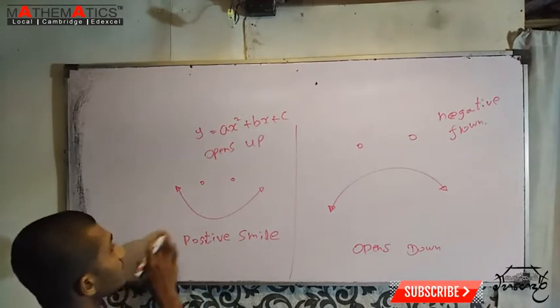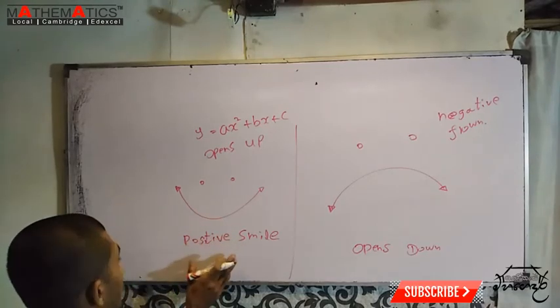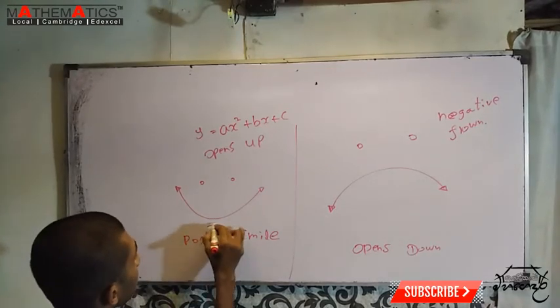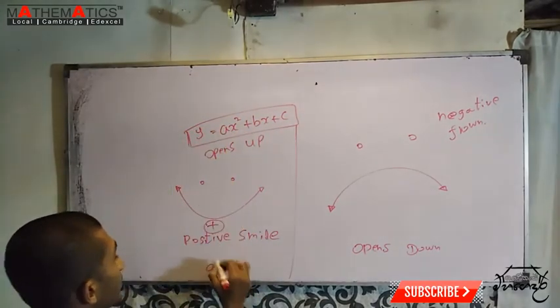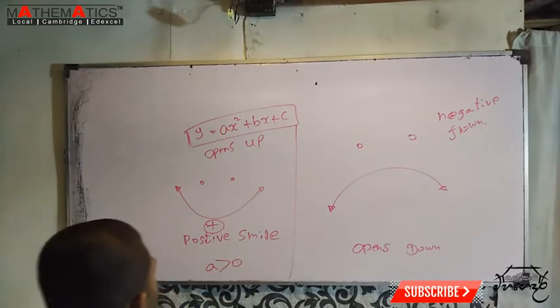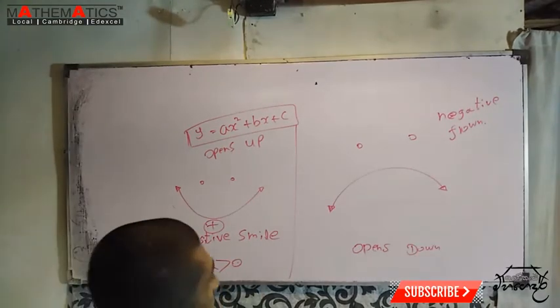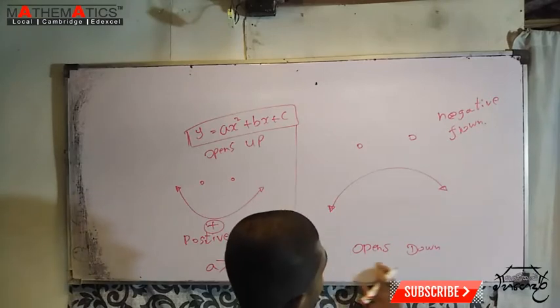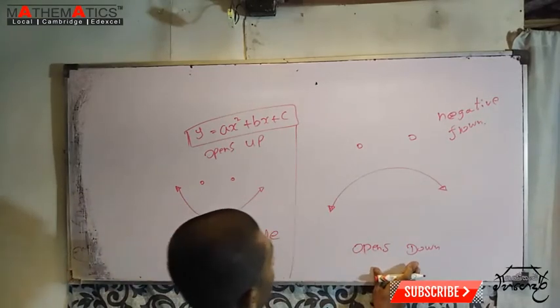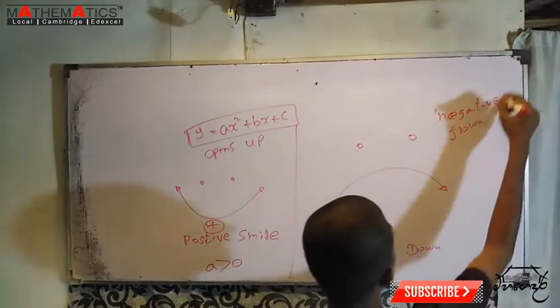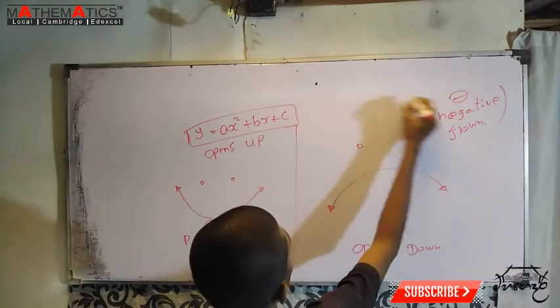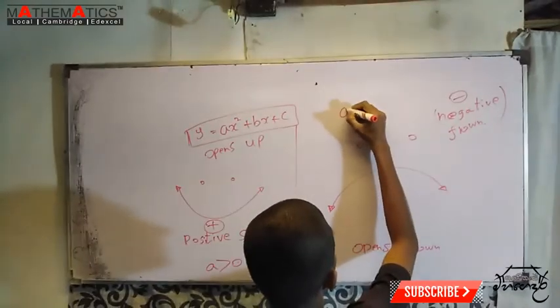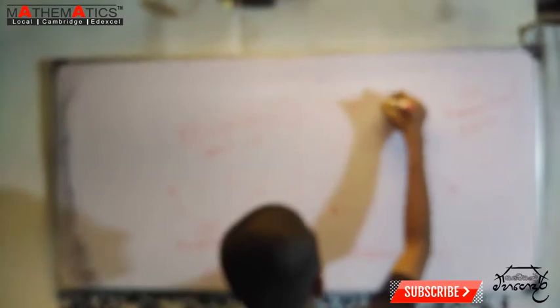There is a special thing you have to understand. If it has a positive smile, a should be positive, that is, a should be greater than 0. If it opens down, a negative frown graph, meaning negative or minus, then according to this minus sign, a should be less than 0.